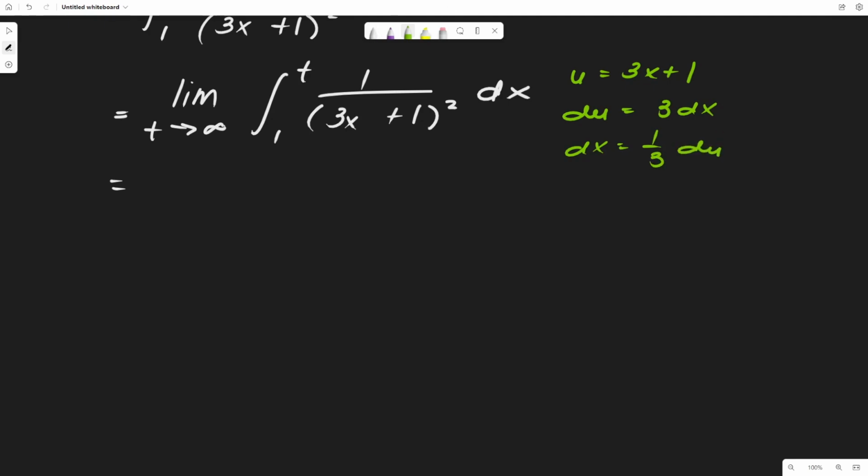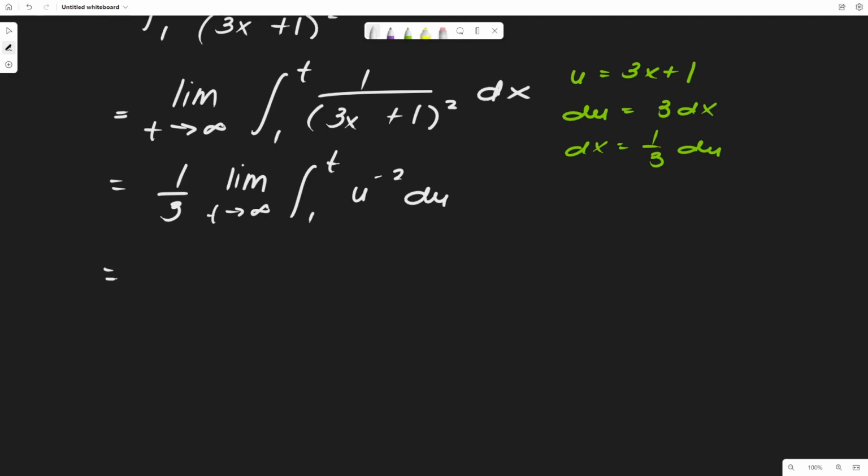So we take out the 1/3. Following the rules of limits, when we have a constant inside the function, we can take it out of the limit. So we have the limit of the integral from 1 to t of u raised to negative 2 du. I moved u, the 3x plus 1, up, as t approaches infinity.